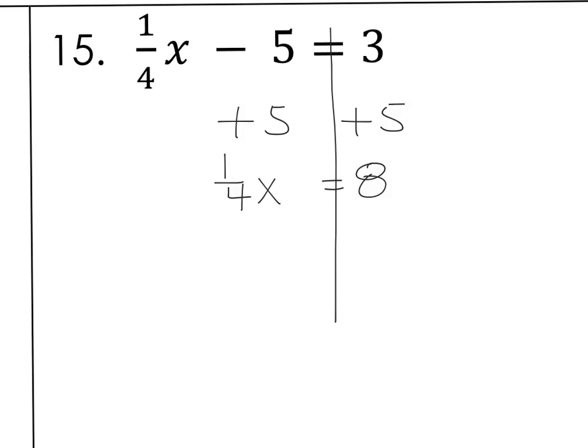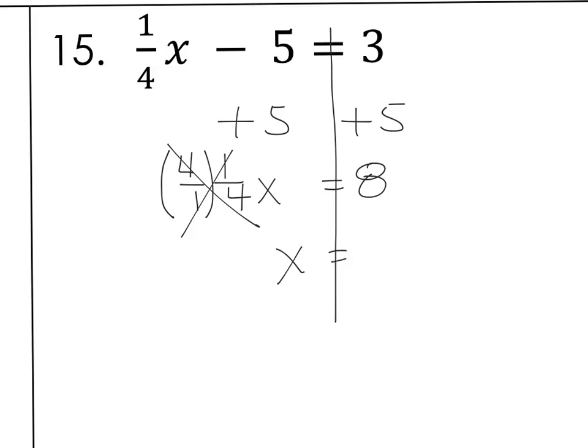Subtracting it would not work because that would then be 1/4 times x minus 1/4. To get rid of 1/4 times x, multiply by the reciprocal.